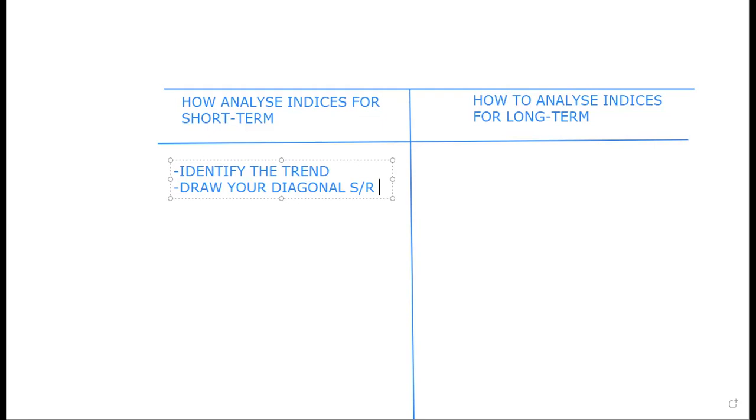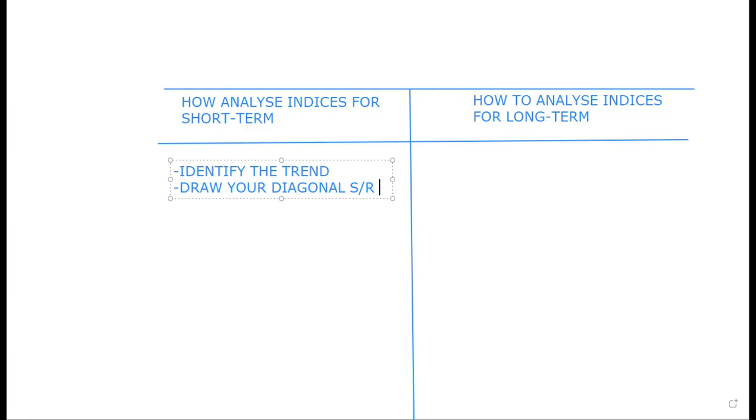They move in a way that allows the market to form a channel, where the diagonal support and the diagonal resistance have the same gradient. But if you're analyzing something like Nikkei, those are two different things, and you end up having sort of a wedge.